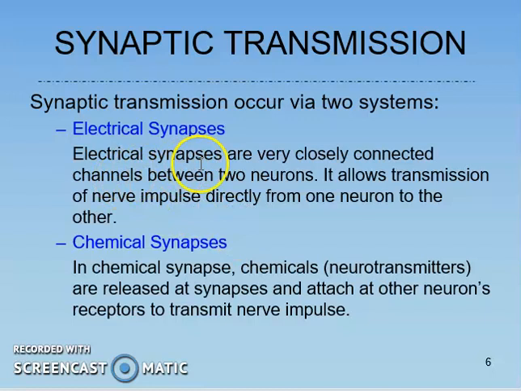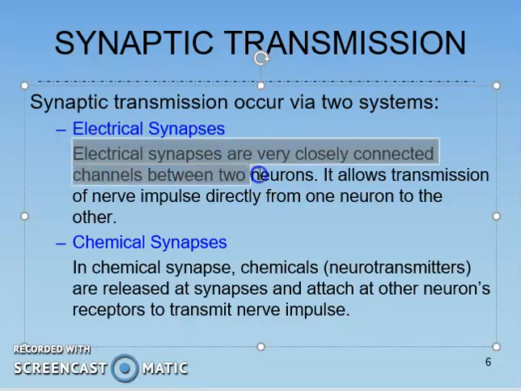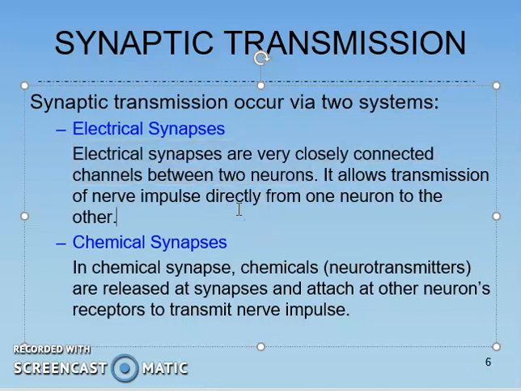So electrical synapses are very closely connected channels between the two neurons. Again, as previously you have seen, this is a property of the cell membrane. Which structures does the cell membrane have? If a membrane has to be electrically connected to the next, this is basically due to the presence of connected channels which are connected to each other very closely.